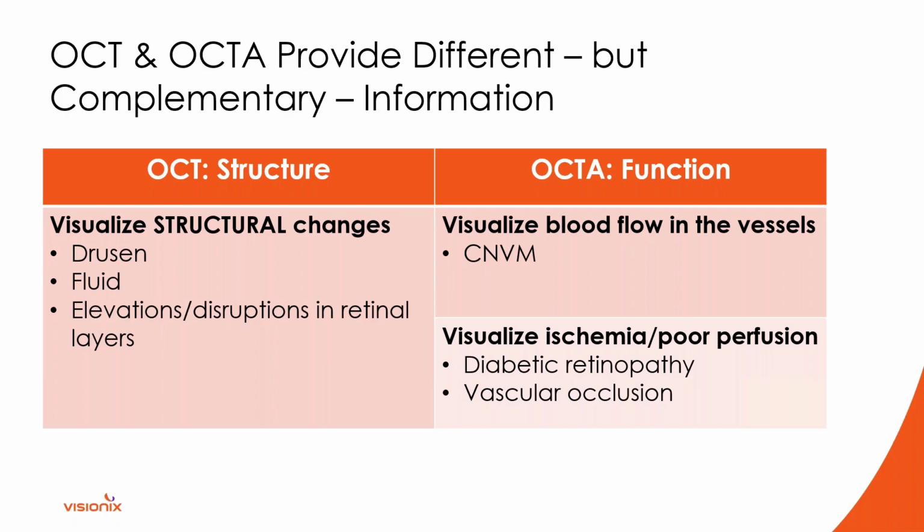So if we're suspecting that a patient may have a choroidal neovascular membrane, we may visualize that structurally, but really to determine if there's actually an active net going on, we really would need OCT angiography. Same with diabetes or vascular occlusive disease. Looking at these conditions and understanding, is the patient getting good perfusion? Regular OCT is not going to tell us that. This technology, OCT angiography, is going to allow us to delve in depth into the vascular supply.